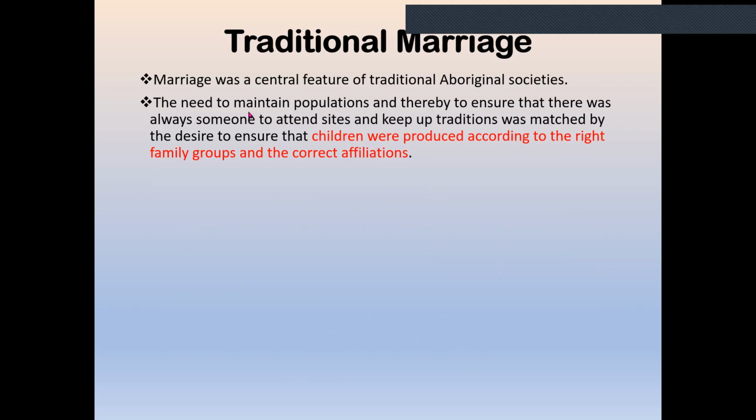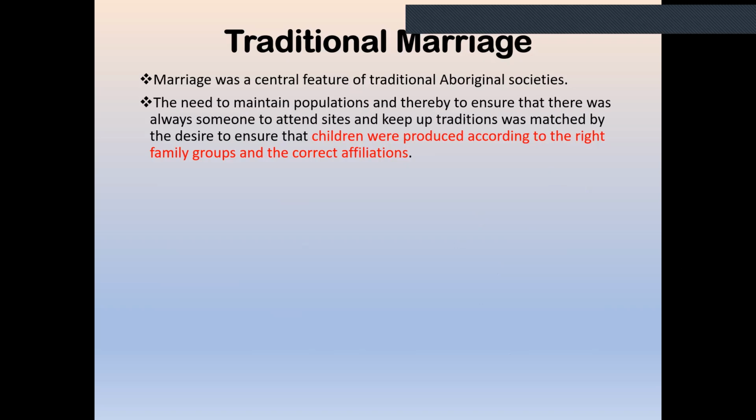And so it was a central feature in Aboriginal societies. And the need to maintain the population, of course, was important. And that was always someone had to attend the sites and keep up traditions.